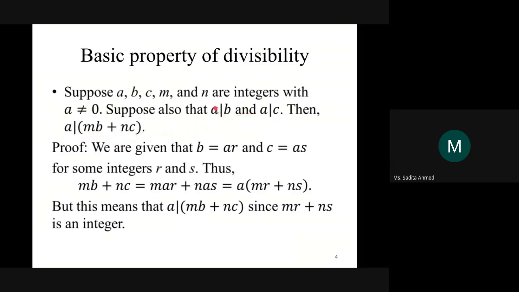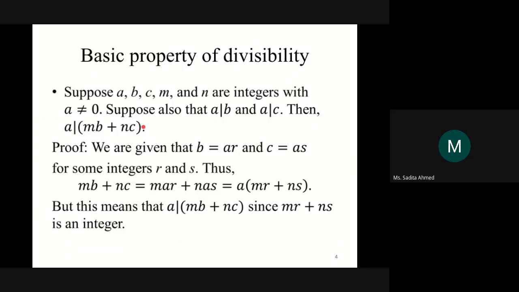That is, if a can divide b and if a can also divide c, then a can also divide mb plus nc for some integers m and n. That is the basic property of divisibility.